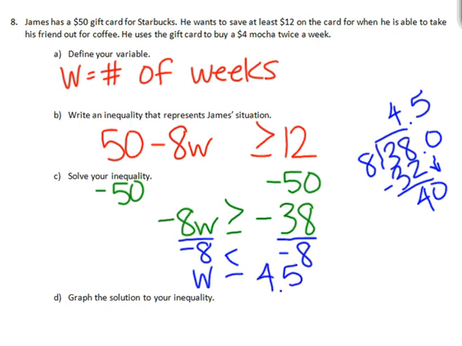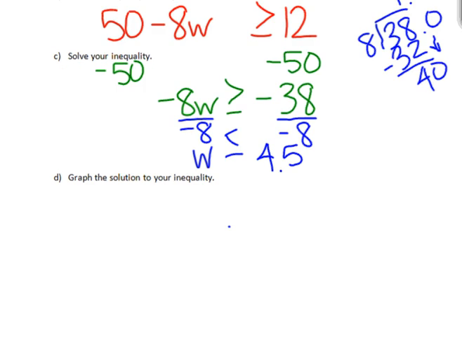Now we're going to put that in context of the problem. So when we graph this, that means that w could be anything up to 4.5, but since we're talking about weeks, this would be a discrete function, and that means that we're only going to have values that are on our whole numbers.